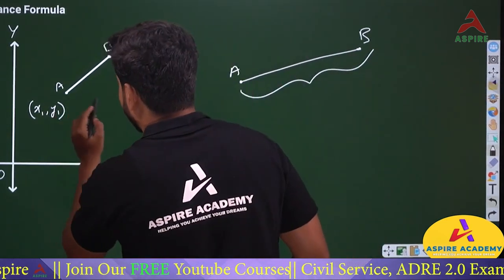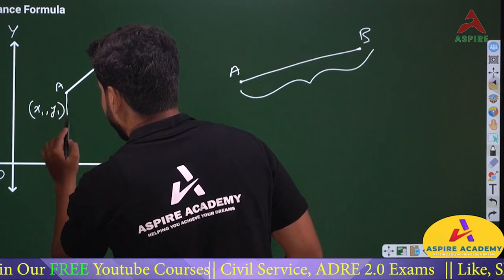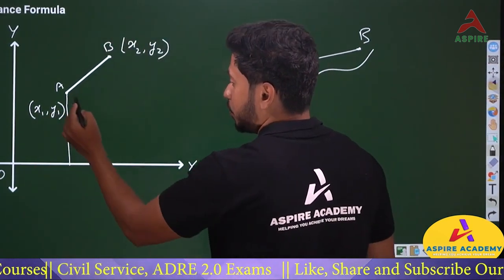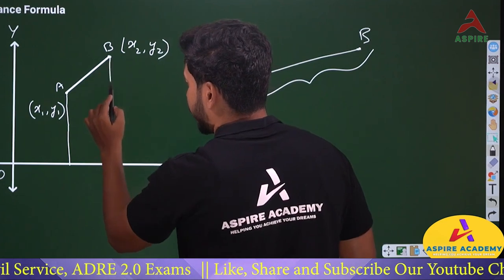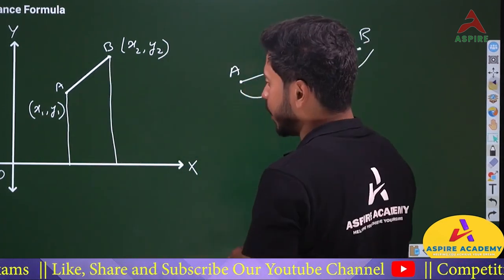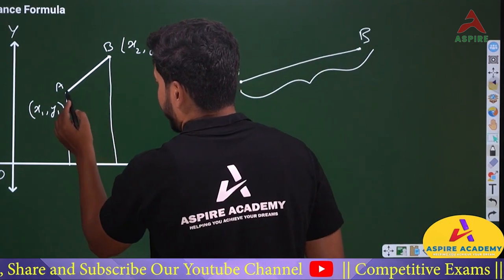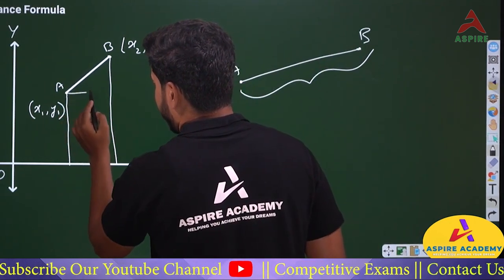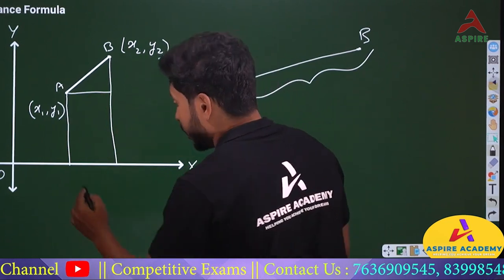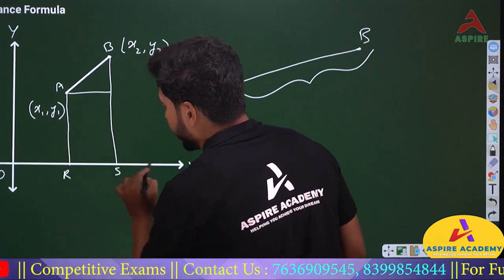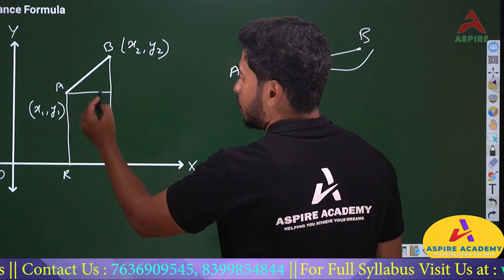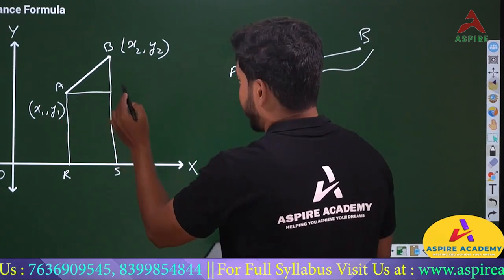Now we have to draw a perpendicular on the x-axis from point A, and a perpendicular on the x-axis from point B. Let these feet be R and S. On BS we have drawn a perpendicular from A, say AT.